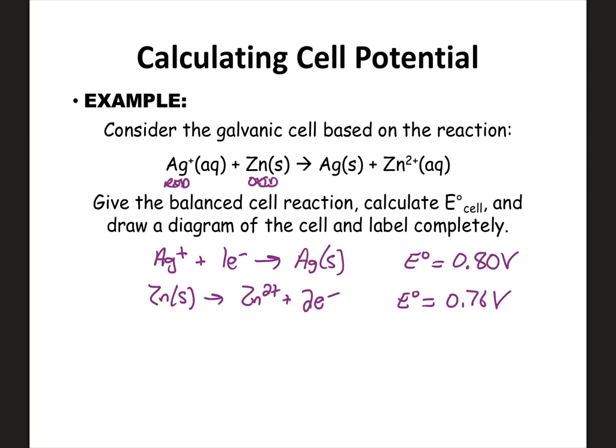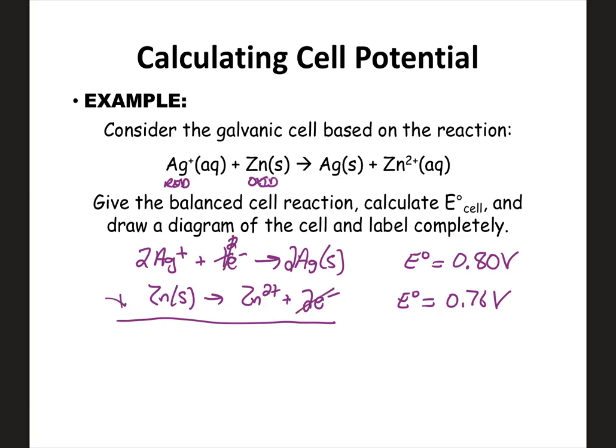We need to do the balanced cell reaction here. We need the electrons to cancel. So it looks like I can make them cancel by getting the silver half reaction here to 2 electrons. So I'm going to multiply that one by 2. So 2 Ag plus, now we have 2 e minus and 2 silver solid here. Now the electrons will cancel, so I can add this up.